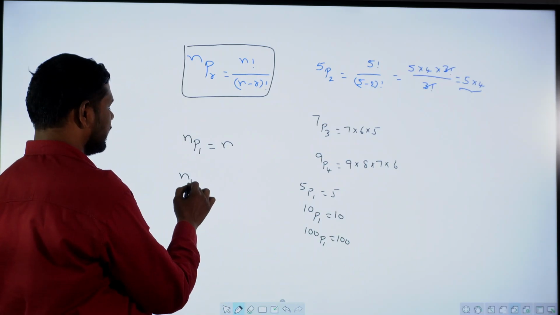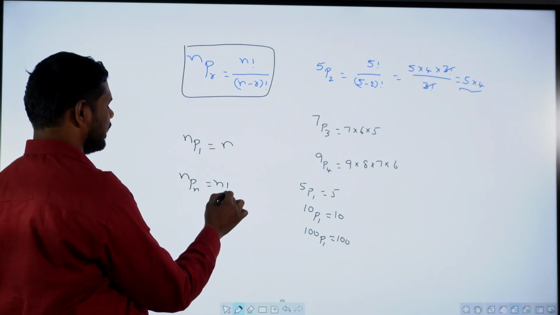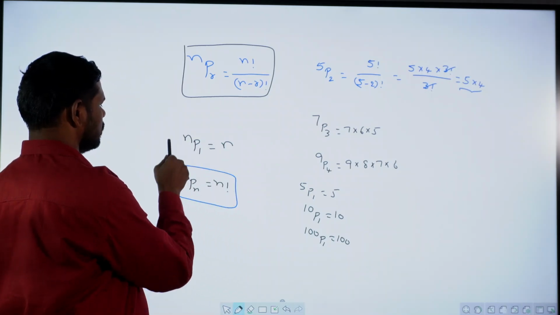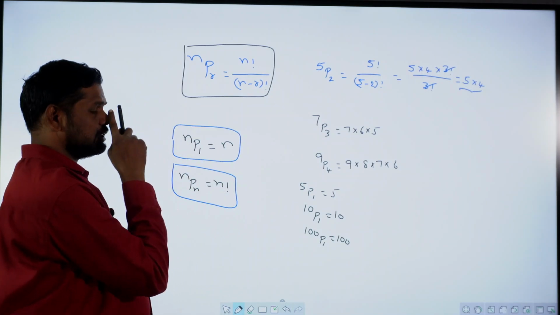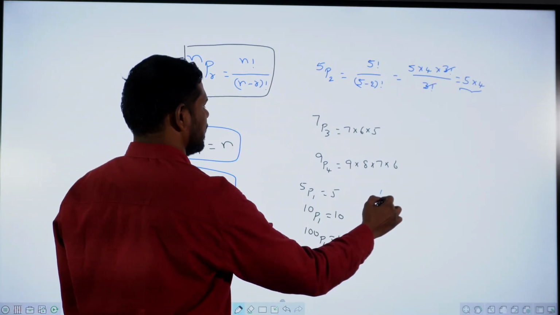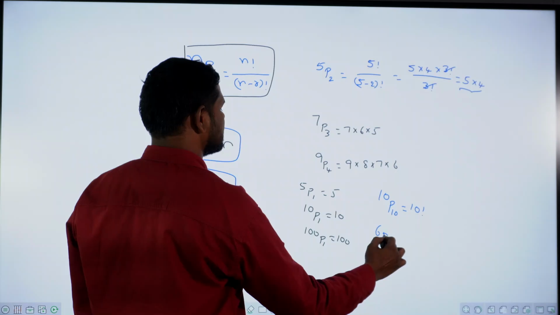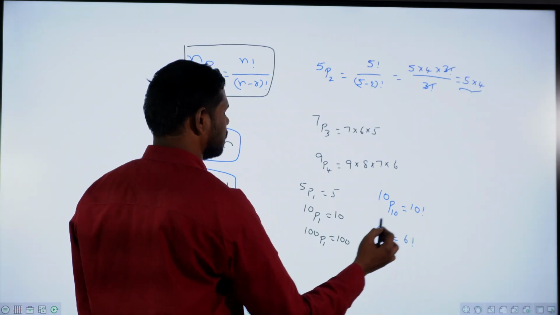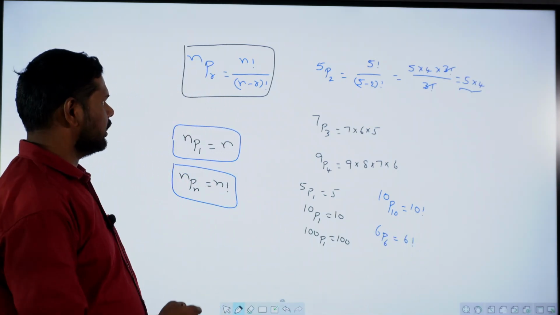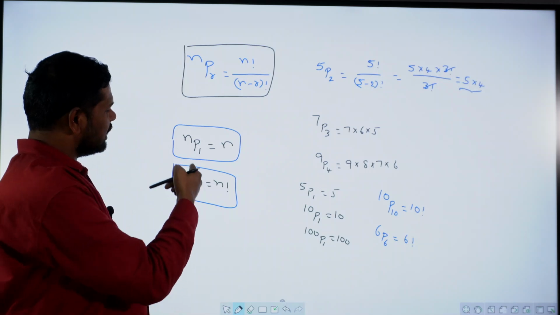And similarly, nPn is equal to n factorial. So these are the three important notations in P calculation. 10P10 is nothing but how much? 10 factorial. 6P6 is how much? 6 factorial. So like that we are going to simplify this P calculation.